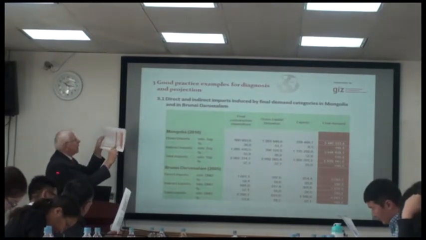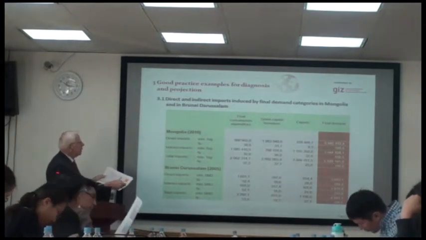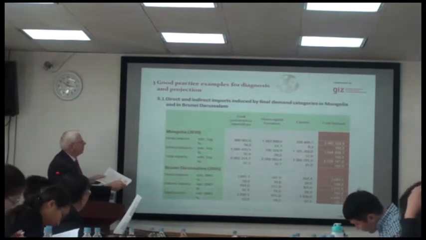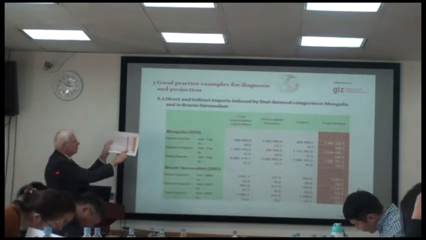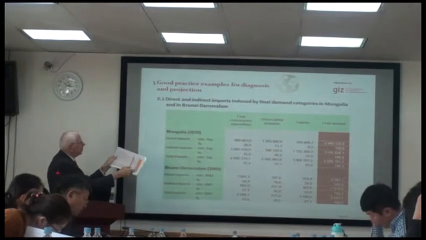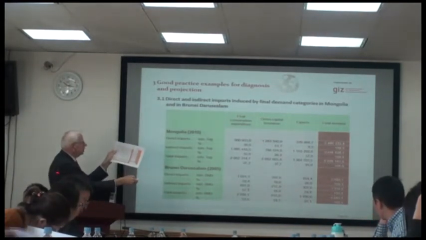And you see here 966. You see these 966 as direct imports in million tugriks, also for final consumption expenditure. Here again in the table, you see the direct final imports for gross capital formation and also for exports.